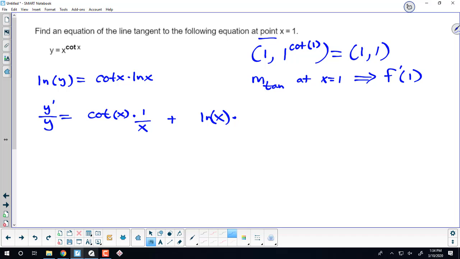What's the derivative of cotangent? Secant squared? That's the derivative of tangent. So what? Negative cosecant squared. Remember, the derivative of tangent is secant squared. When we look at the cofunctions, we replace the functions with their cofunctions and make the other part negative.